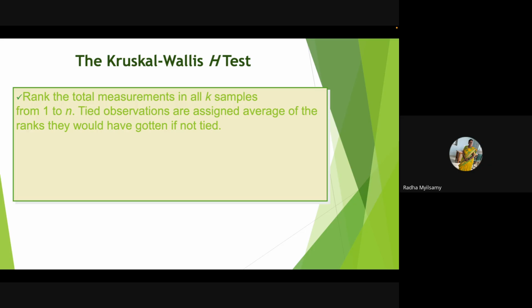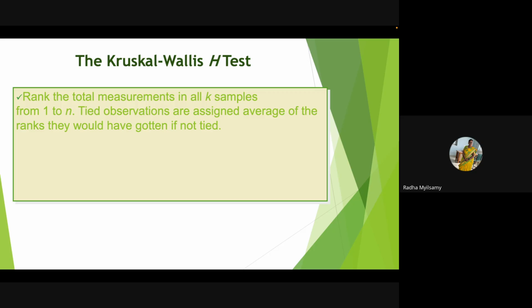Tied observations are also possible. If there are tied observations, there are procedures available to handle them. Suppose there is one observation in the first rank and one observation in the second rank, we give 1 and 2.